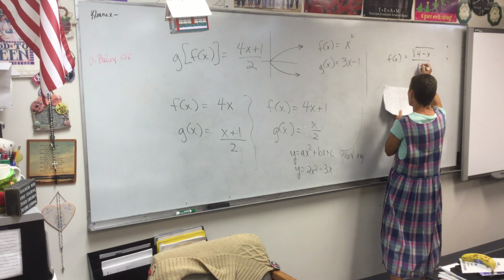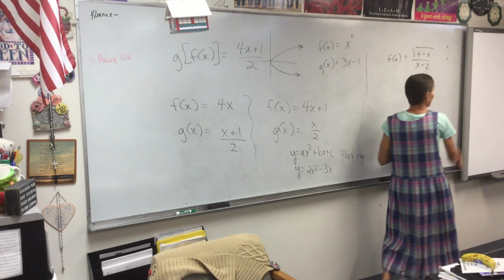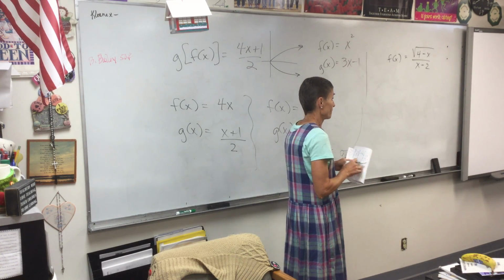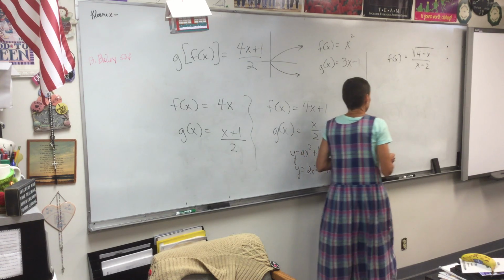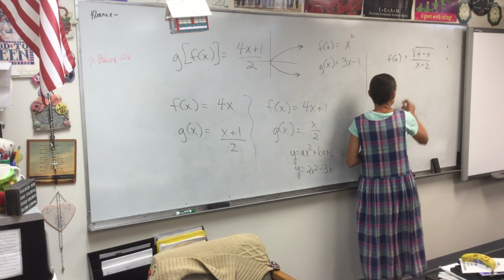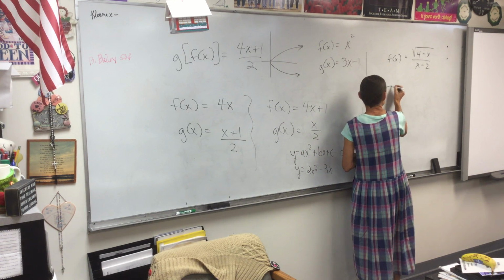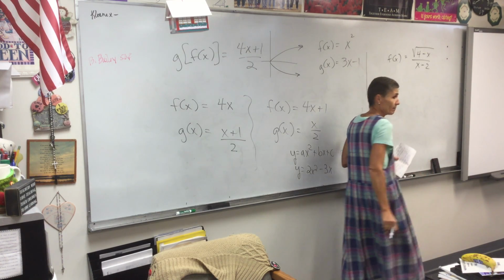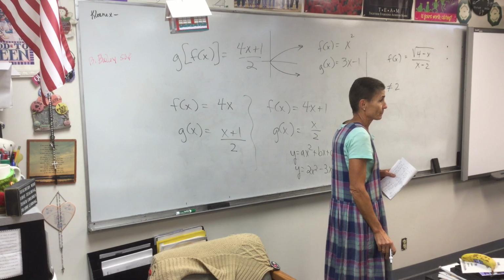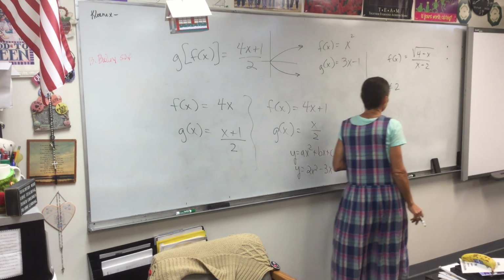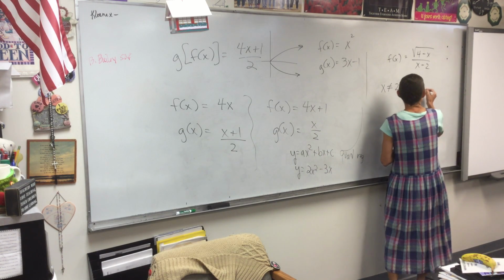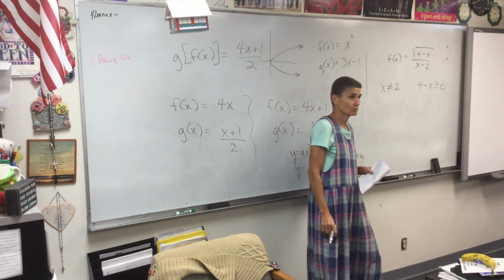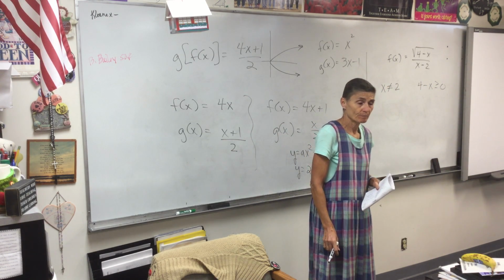Since nobody's saying anything, I'm just going to throw out 11 because we're sometimes not careful enough with number 11. When we look at this and we have to talk about domain, what am I thinking about? I'm thinking I got a radical and I have a fraction. So I have double trouble here. Since I have a fraction, my denominator cannot be 0, so x cannot be 2. Since I have a radical, everything under the radical must be greater than or equal to 0.